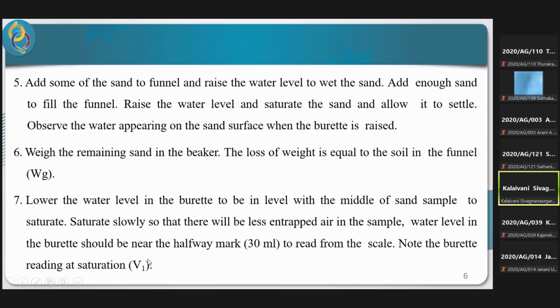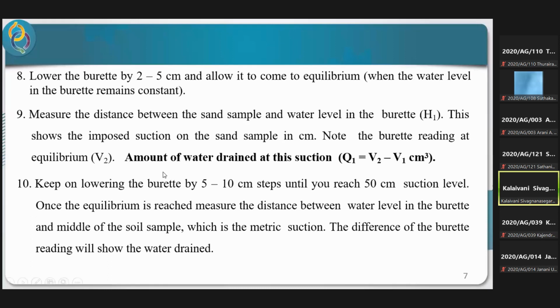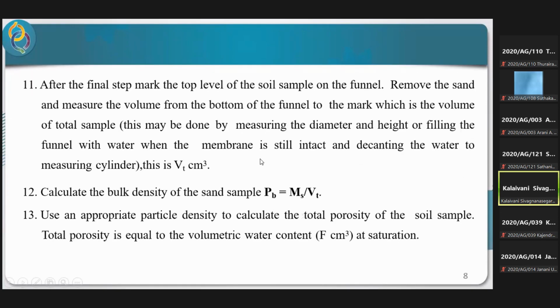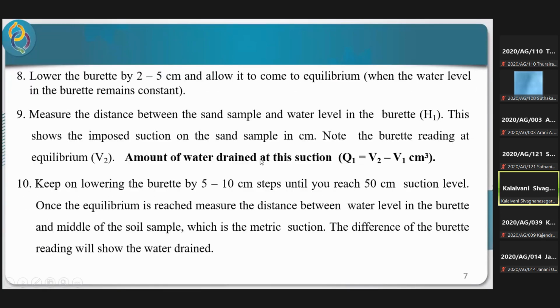Then after that, you have to get the volume reading at equilibrium. So when you deduct V1 from V2, you will get the amount of water that is drained at this suction.